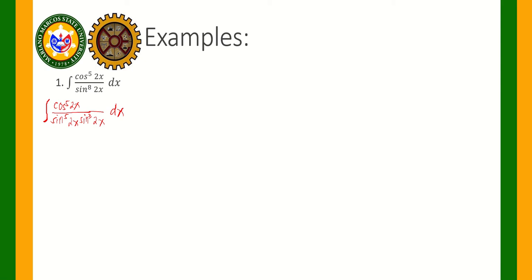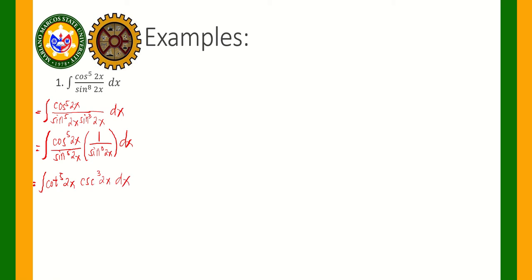From there, we can rewrite our expression as the integral of cosine raised to 5 2x all over sine raised to 5 2x times 1 over sine cube 2x dx. So cosine over sine is equal to cotangent. So this is cotangent raised to 5 2x, and 1 over sine is cosecant. So cosecant cube 2x dx.